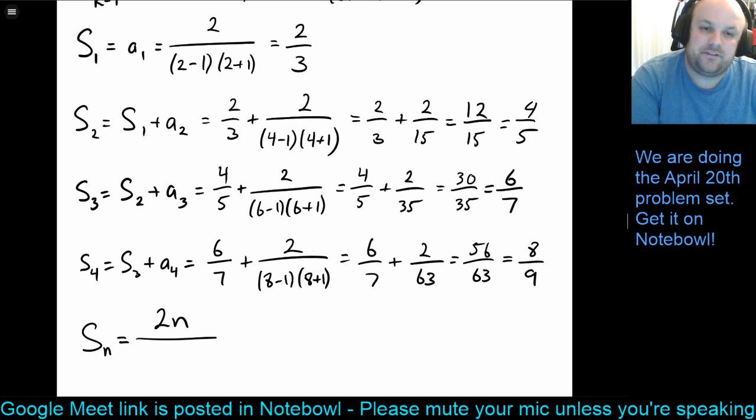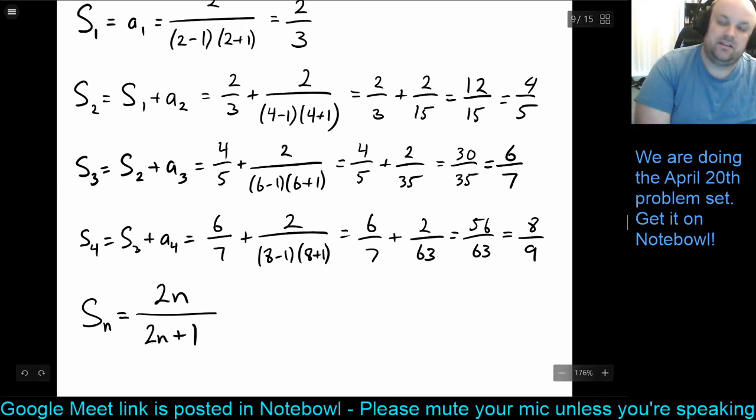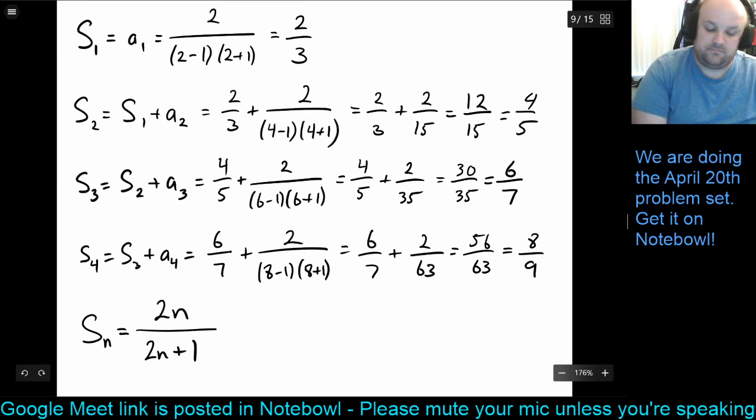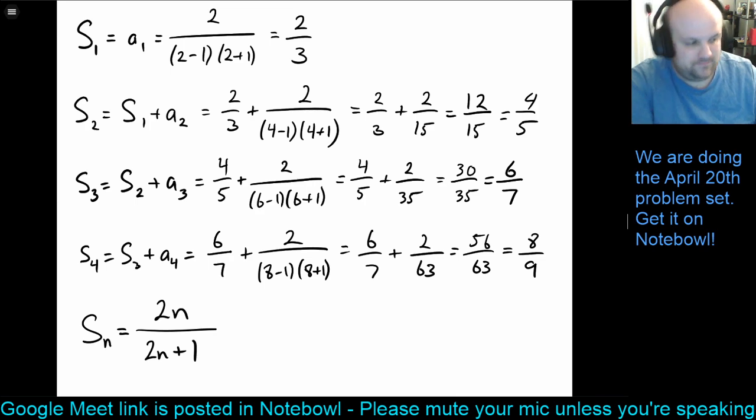And then if you look at the denominator as always being 1 larger than the top, you can see it's 2n plus 1. And so that's our general S_n term, our partial sum after n terms have been added together. You can also look at the fact that the bottoms are odd numbers as well, and base your guess off that.